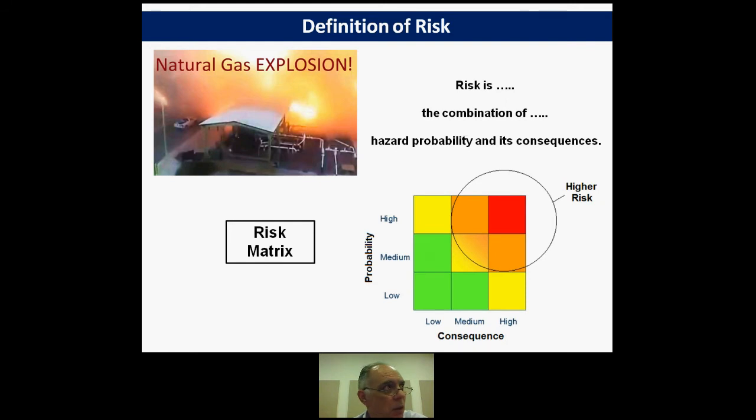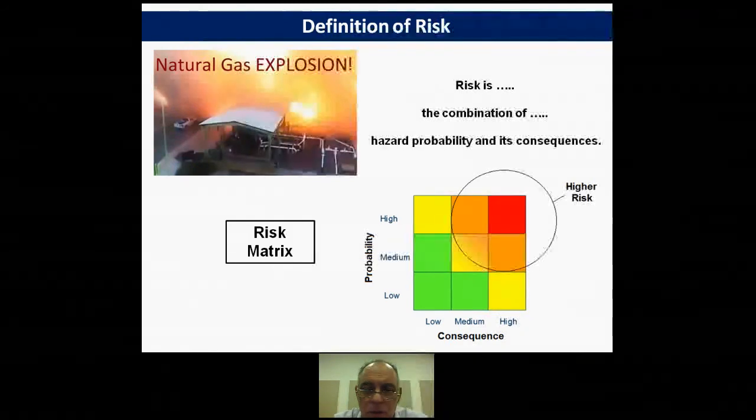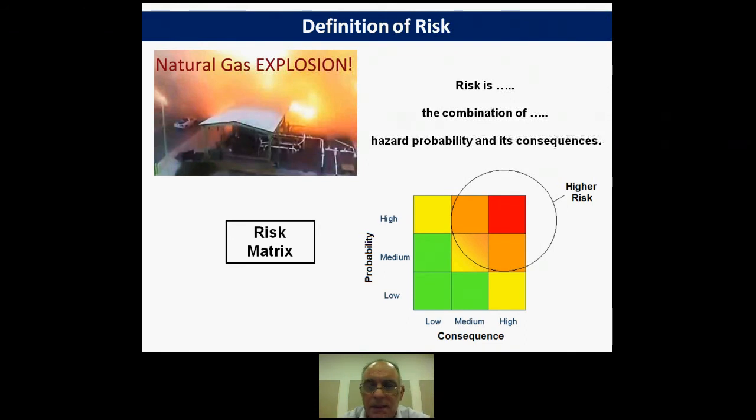And one form of presentation of risk involves the risk matrix, where we can distinguish different levels of probability of occurrence and different levels of consequences. So we have a region of higher risk, which is at the top right-hand corner in this example, and we have some intermediate levels of risk, and then we can go to the lower levels of risk, which are shown here with a green color.